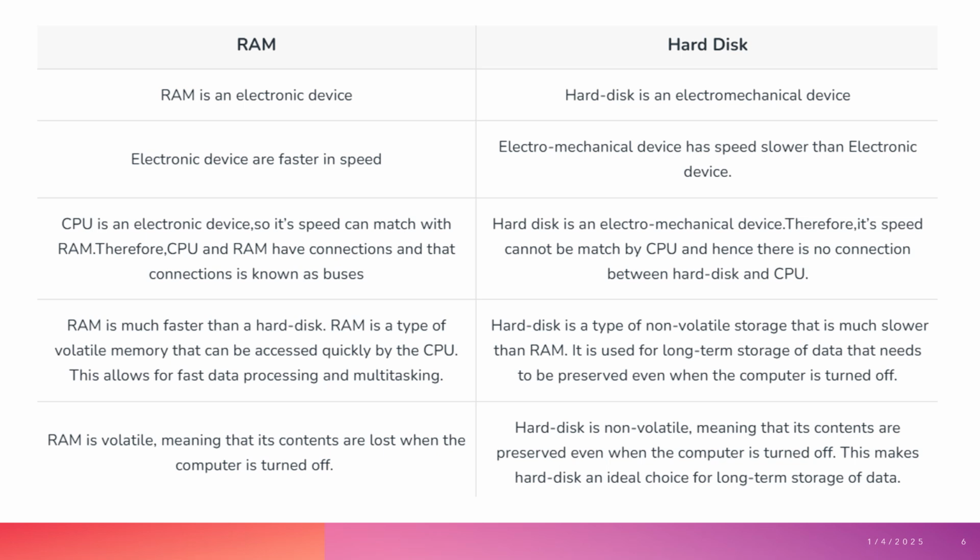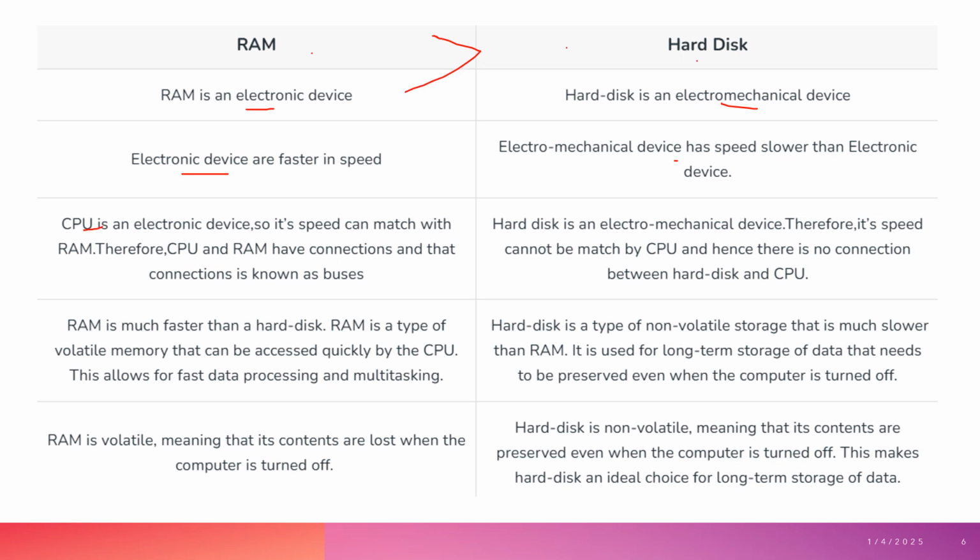If we move toward the differences between RAM and hard disk, the very first difference is that RAM is an electronic device and hard disk is an electromechanical device, which means that electronic devices are faster in nature and electromechanical devices are comparatively slower in nature, which makes RAM faster than the hard disk.